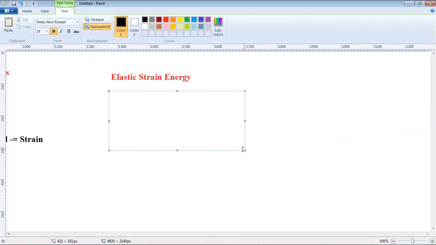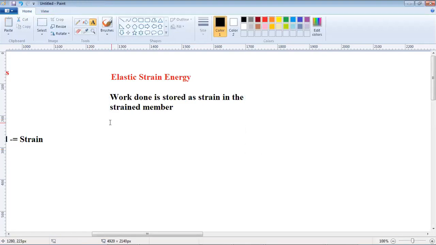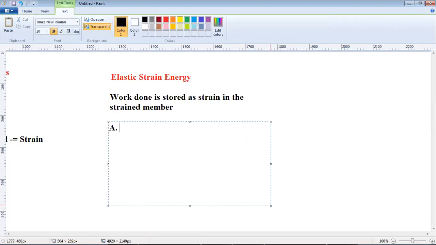Now the work done is stored as strain energy in the strained member. Now there will be an expression that we have to determine for various types of strain energies. Now what are the various types of strain energies that can be stored? First condition is the development of direct tensile or compressive strains.